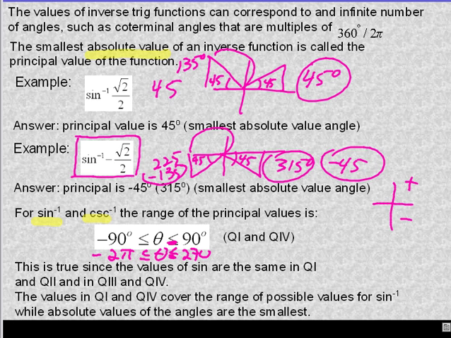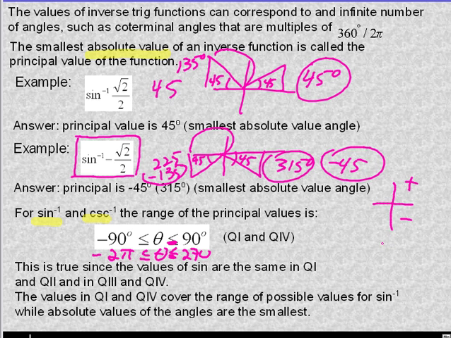So these two quadrants are going to give you the smallest absolute value, and we don't need to duplicate the answer. We only need to get the answer once. The values in quadrant 1 and 4 cover the range of possible values for inverse sine, while the absolute values of the angles are the smallest.